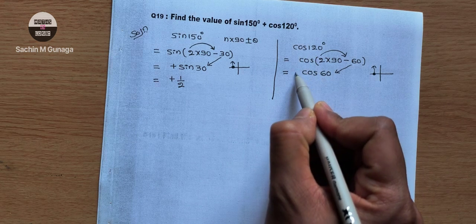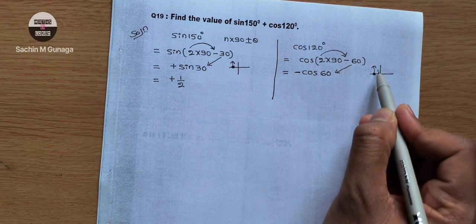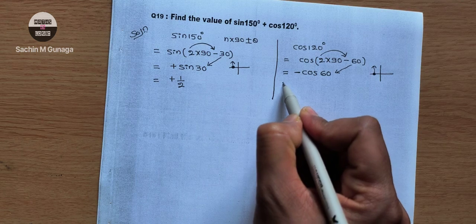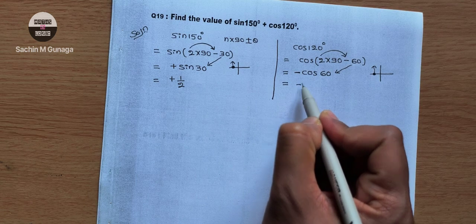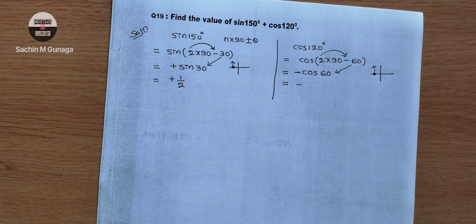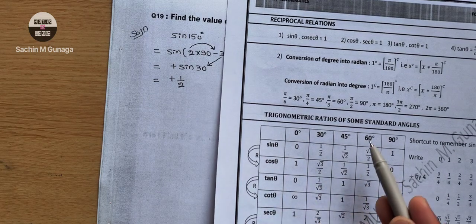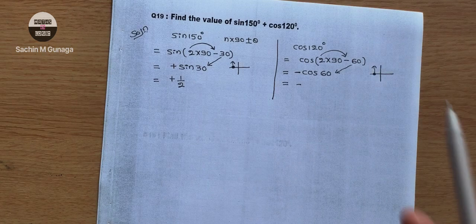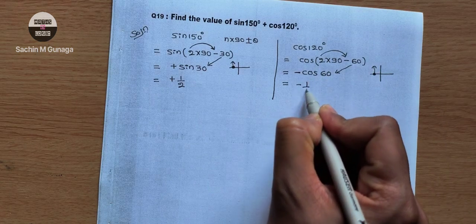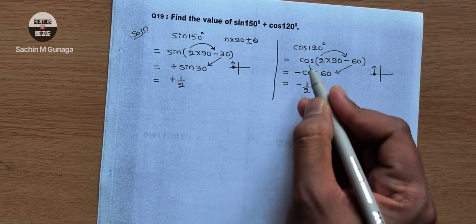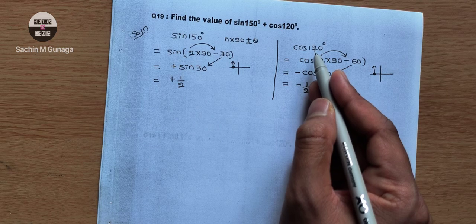Therefore cos is negative in which quadrant here? Second quadrant. Therefore which is equals to, keep that negative sign as it is. Then see the table, cos 60 degree. Cos 60 degree value is how much here? 1 divided by 2. Therefore right here 1 divided by 2. So this is the value of cos 120.